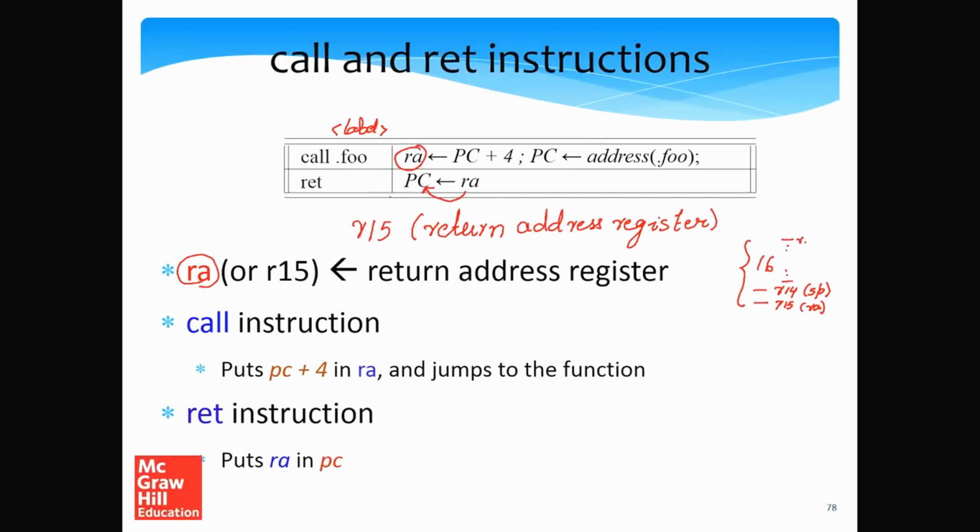It's not specific to simple RISC, but typically R0 and R1 would be used to pass parameters, and the rest of the registers will be used to process temporary values. So as it's written, for a call instruction, you put PC plus 4 in RA and jump to the function, and in the ret instruction, you put the value of RA in the PC.